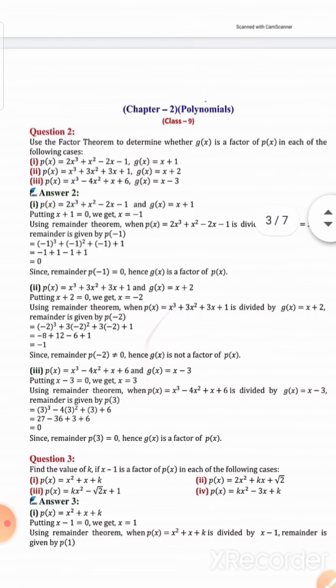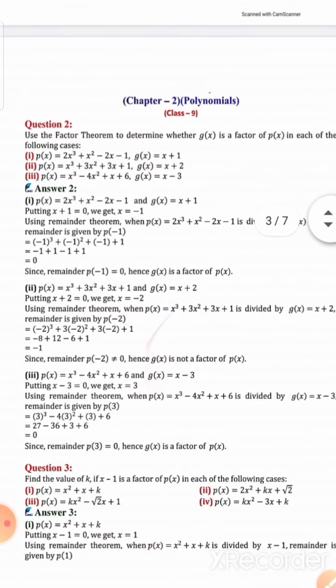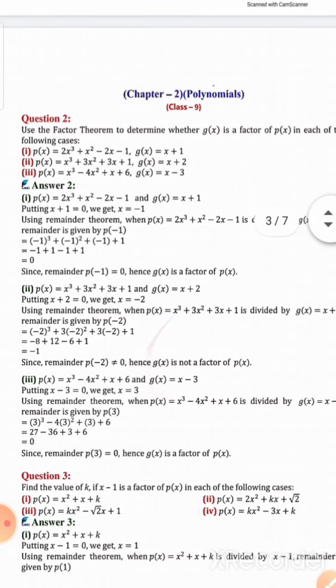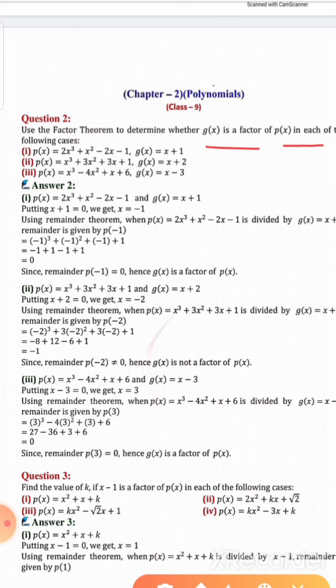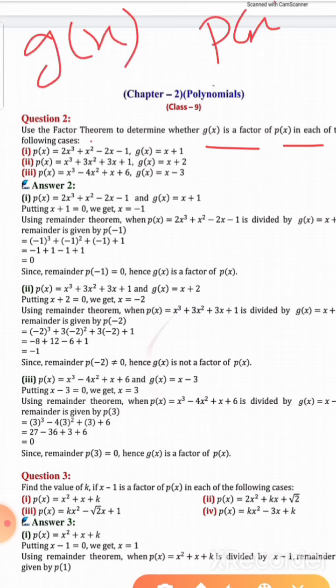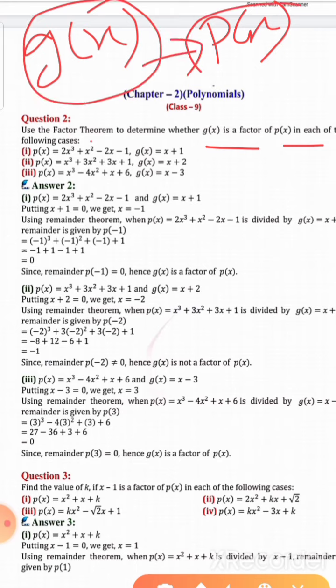Question number 2 is: use the factor theorem to determine whether g(x) is a factor of p(x) in each of the following cases. We have been given two polynomials, g(x) and p(x). We have to determine whether g(x) is a factor of our polynomial p(x) using the factor theorem.